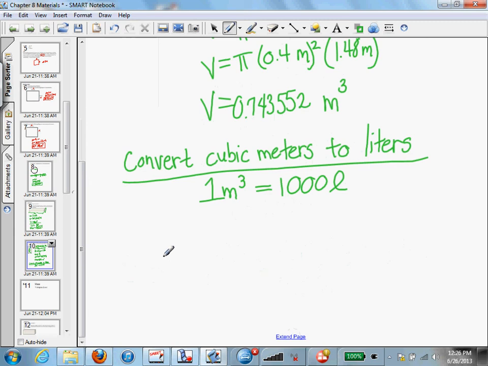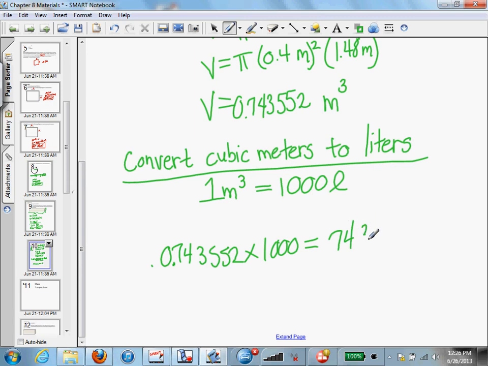So we place what we found to be the volume of 0.743552 times 1,000. We should get the capacity of 743.552 liters.